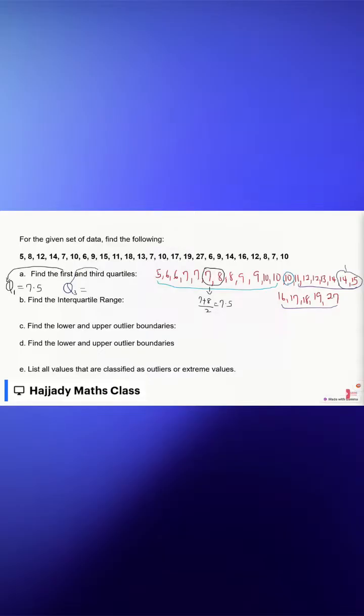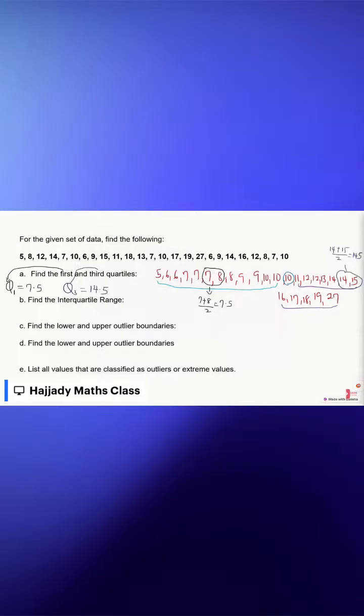If you take the average of this, it is 14 plus 15 over 2, which gives 14.5. So now we've gotten the Q1, we've gotten the Q3.